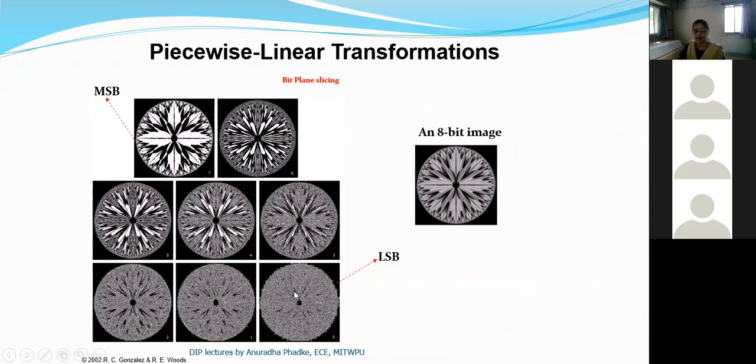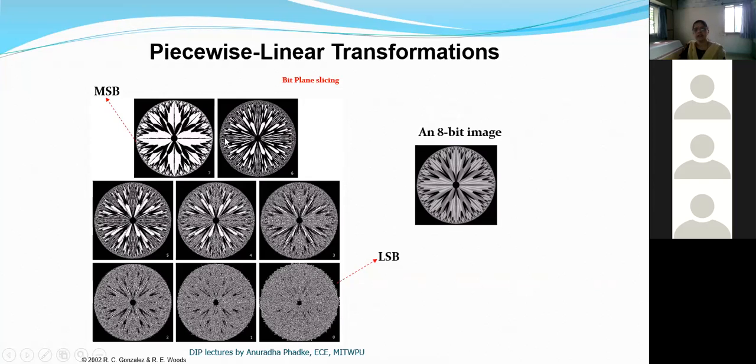Okay, so here at the least significant bit position, all LSBs of all the pixels from the original image are collected, and this array is displayed here as a binary image. If you look at these pictures, you can easily say that your most significant bit plane is closer to your original image.